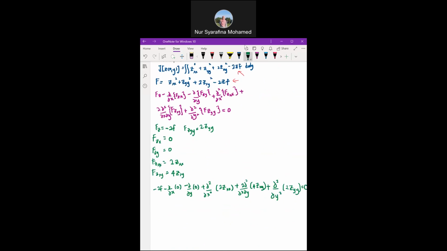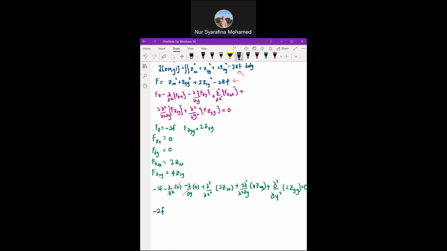Solving this one by one, as you can see, this should be 0, this should be 0. So what's left? Negative 2f.